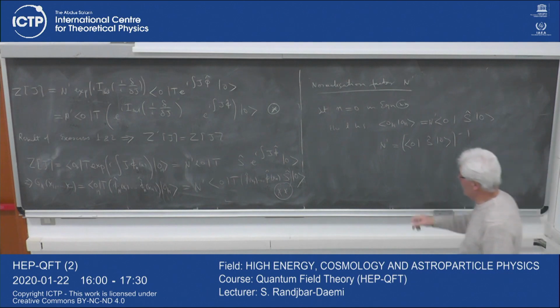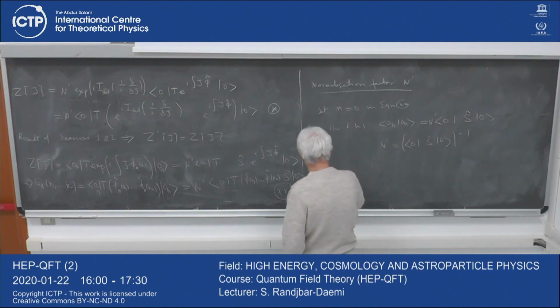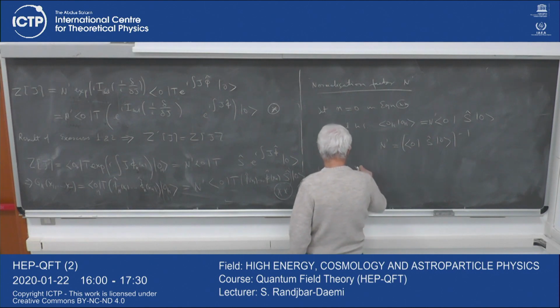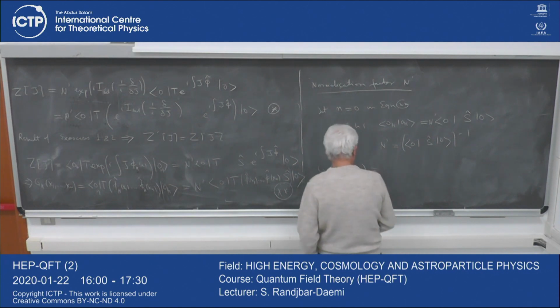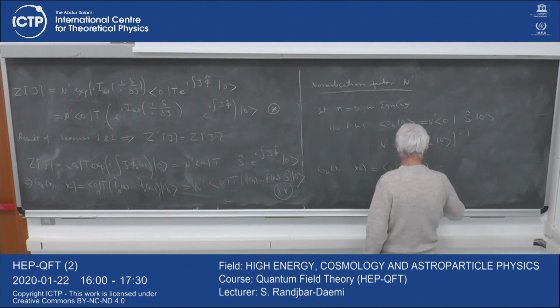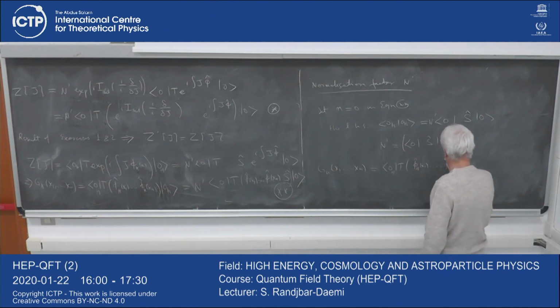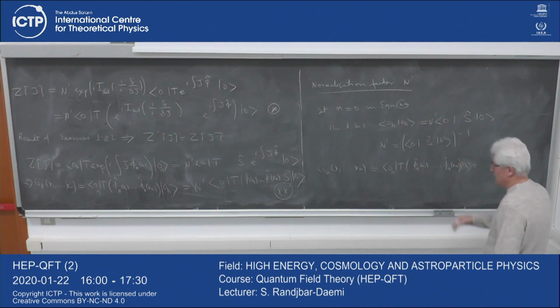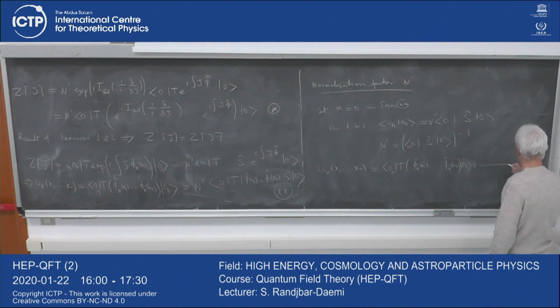And therefore, the final result which we are going to use is this formula, which sometimes in some books is called the Gell-Mann-Low formula. But the naming is not universal. For example, Feinberg doesn't call it the Gell-Mann-Low formula.